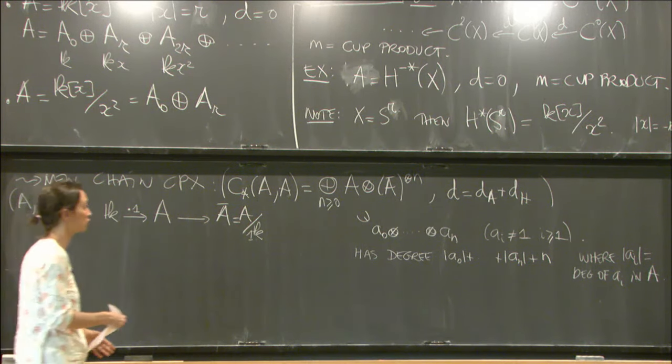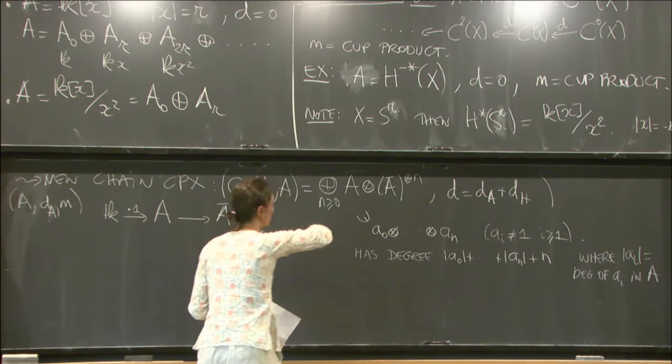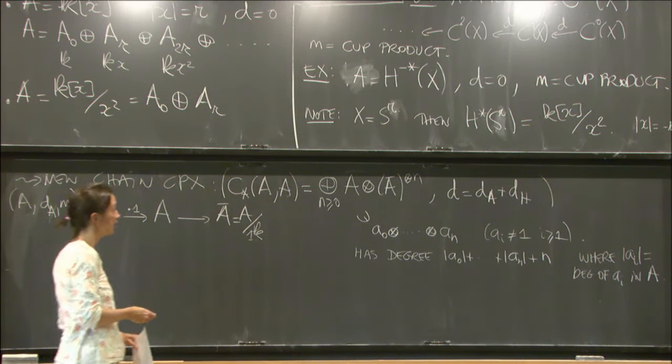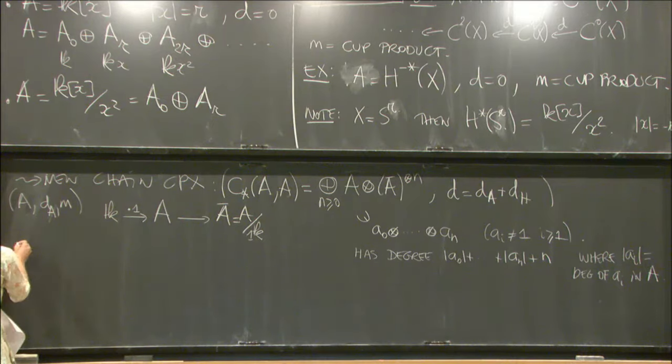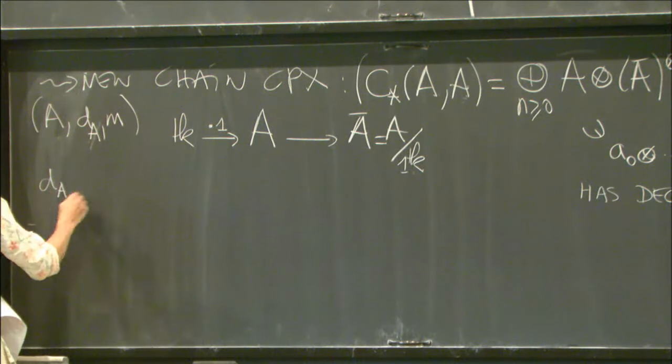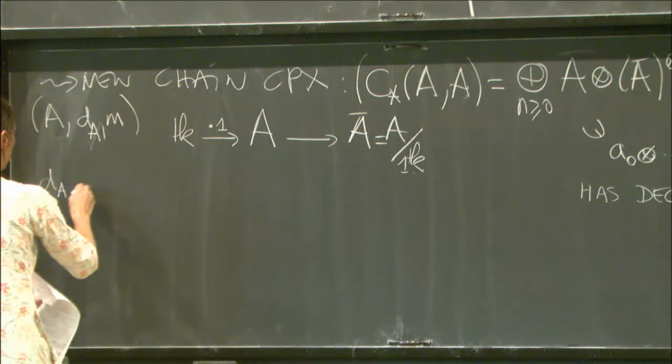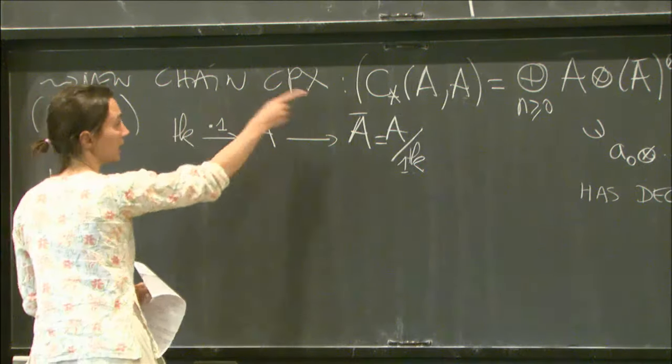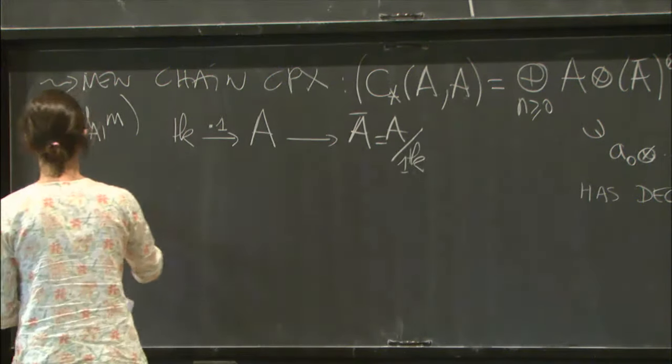So I have to define a chain complex. So this is what my graded vector space is now, and I'm going to tell you what dA and dH are. dA, you know what it is. This is the differential induced by A. So what is it on the tensor product like this?